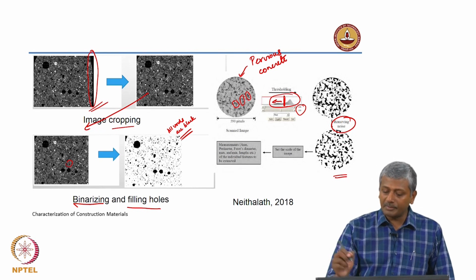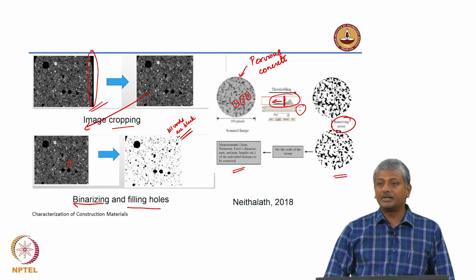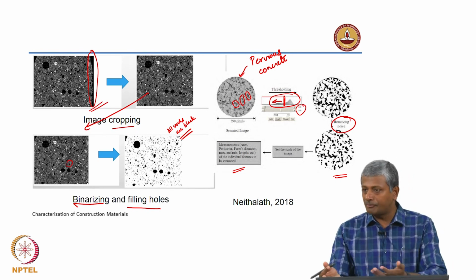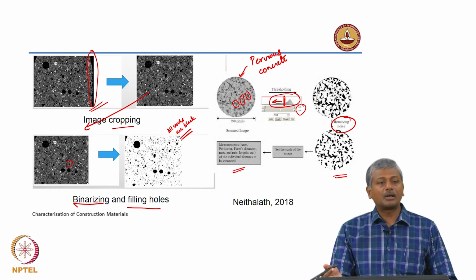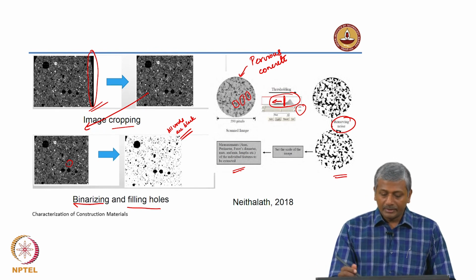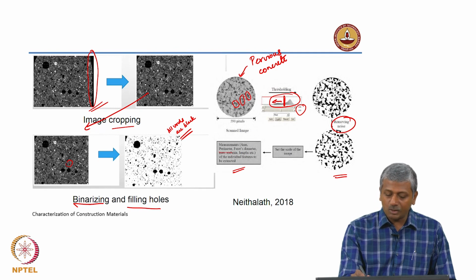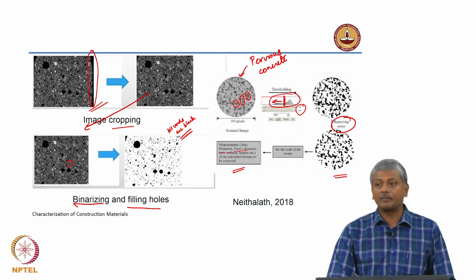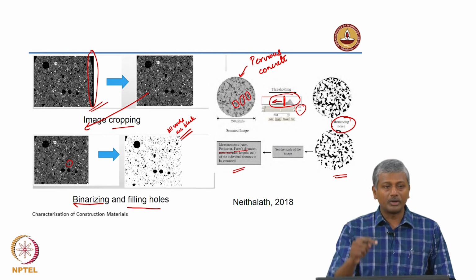And then on this image you can perform several different measurements. What are the measurements? What is one measurement you can obviously perform? You can count the number of pixels that are white and black and get the area fractions of the voids. Okay, that you can get an area fraction of the voids immediately. The other aspect is you can get, for each void, particular parameters like the perimeter of the void.